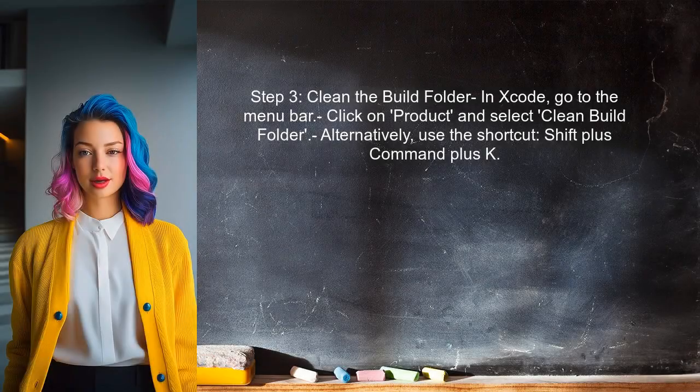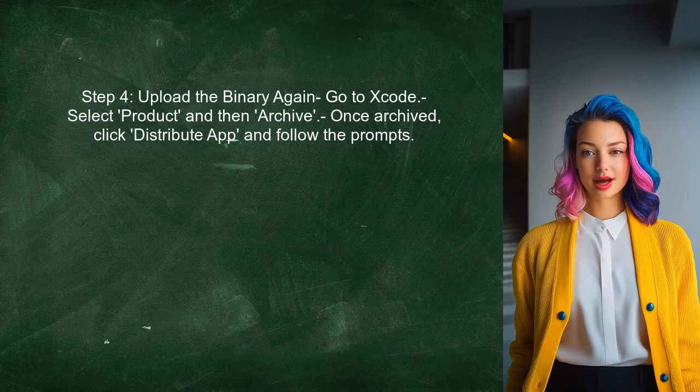After verifying the identifiers, the user should clean the build folder in Xcode. This helps to remove any cached data that might be causing issues during the upload process. Finally, the user should attempt to upload the binary again. If the issue persists, they may need to check their iTunes Connect account for any discrepancies or additional requirements.